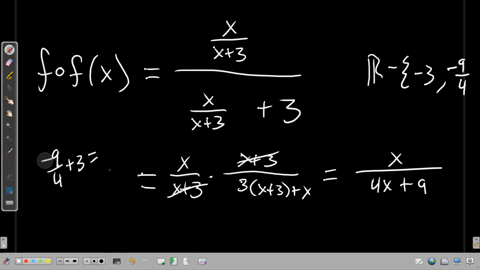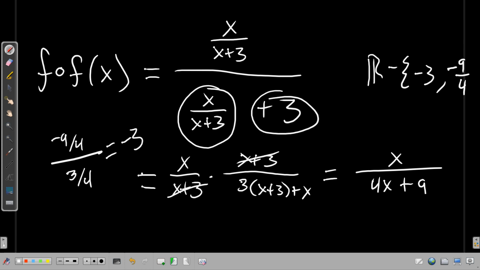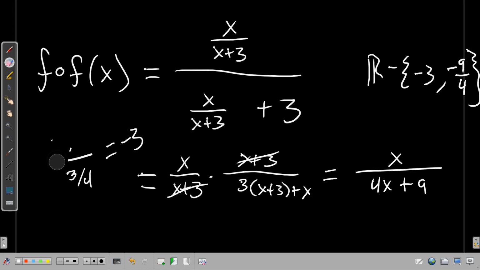Well, that's 12 minus 9 over 4. That's 3/4. So I would have this denominator of 3/4. I'd have a numerator of -9 over 4. But that's just the number -3. And so this part would come out saying -3, and then here's +3, and you get a 0. So -9/4 also cannot belong in the domain.